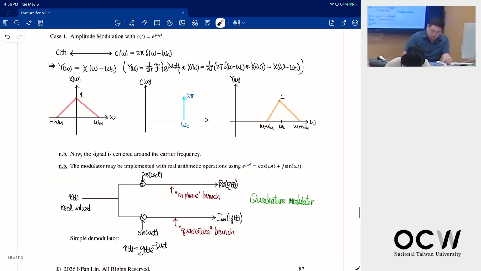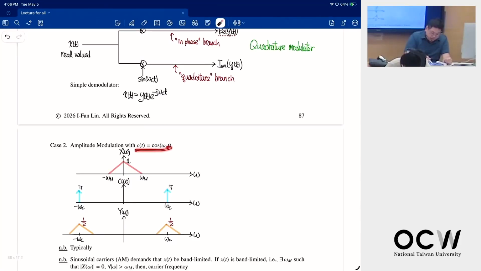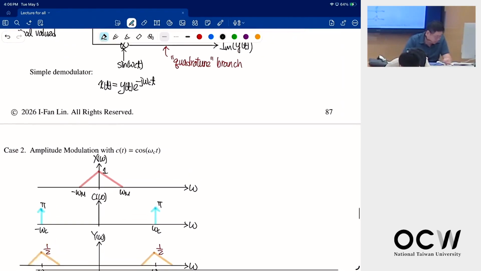Alright, so if the carrier is just cosine, then what is the Fourier transform of that? It's pi, shifted to the right by omega c, and shifted to the left by omega c.